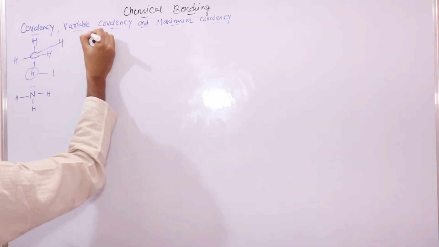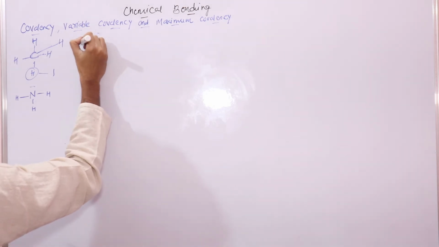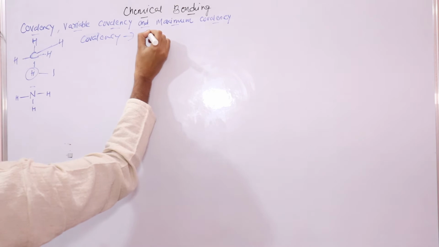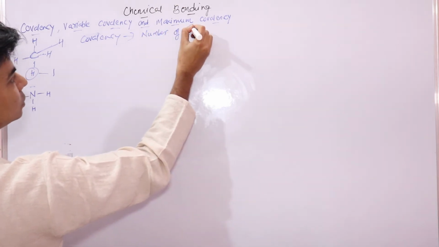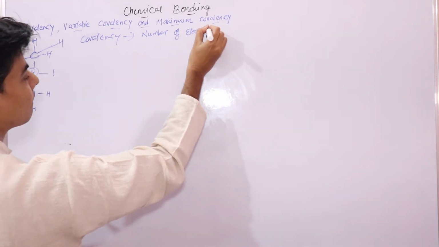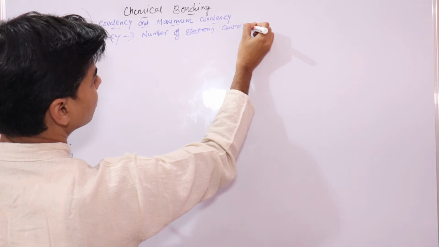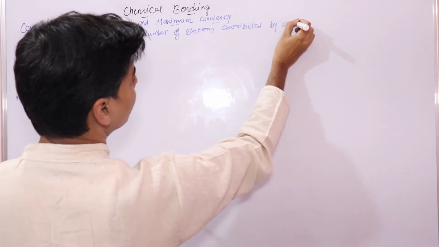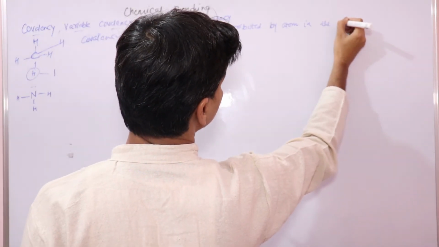So how can we define covalency? Covalency is the number of electrons contributed by an atom in the formation of shared pairs.